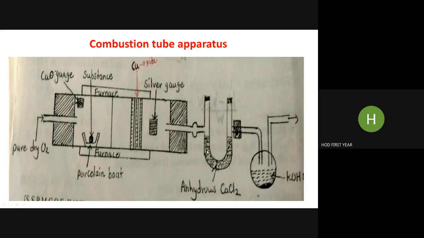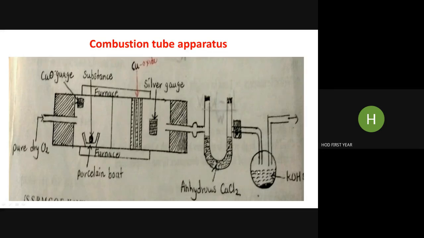That will absorb only the moisture, not CO2. CO2 simply passes through the anhydrous calcium chloride and then through the KOH bulb, where it is absorbed.